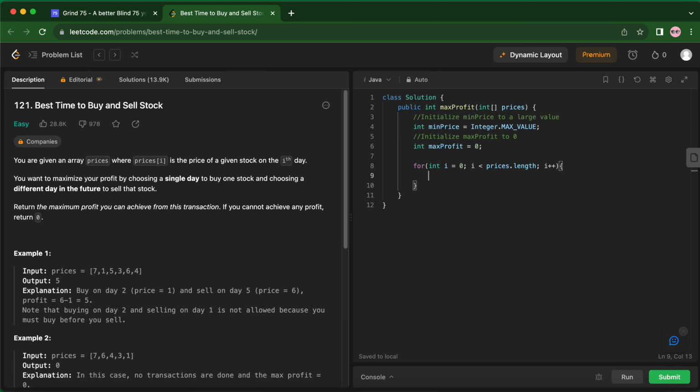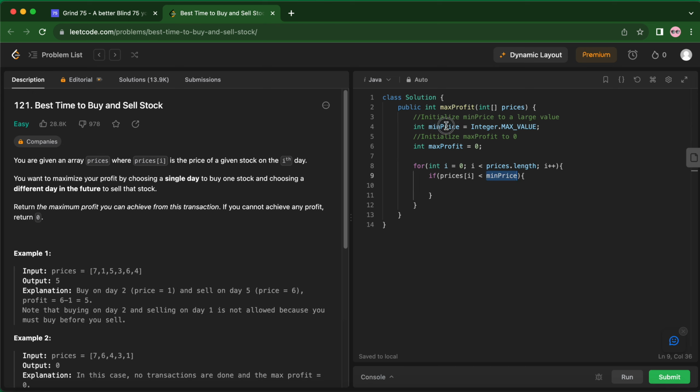Now, we already considered this case, so please pay close attention. If prices[i] is less than min price, so we have initialized min price to a very big value, and we are checking if prices[i], the first number 7, is less than our min price.